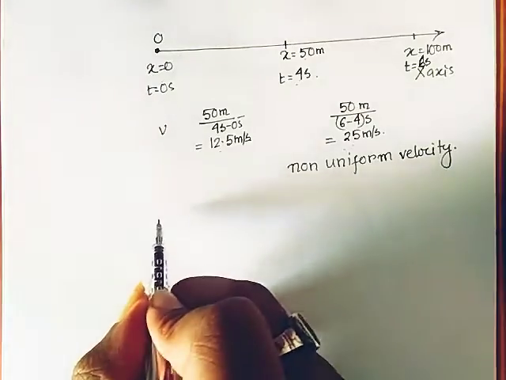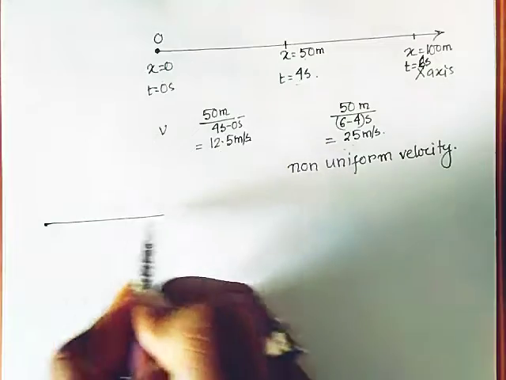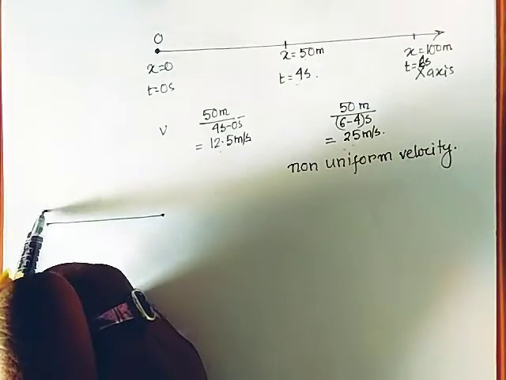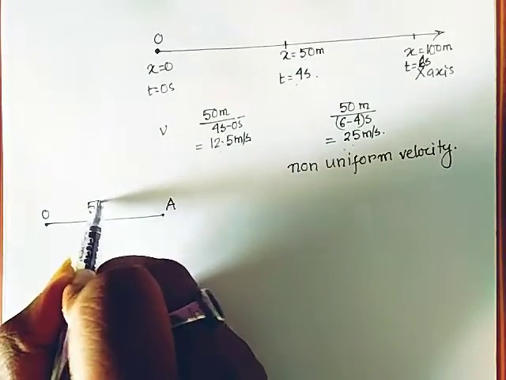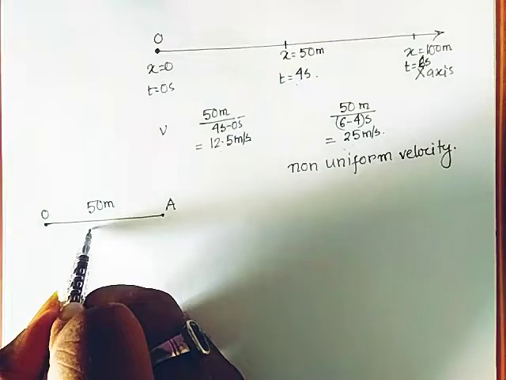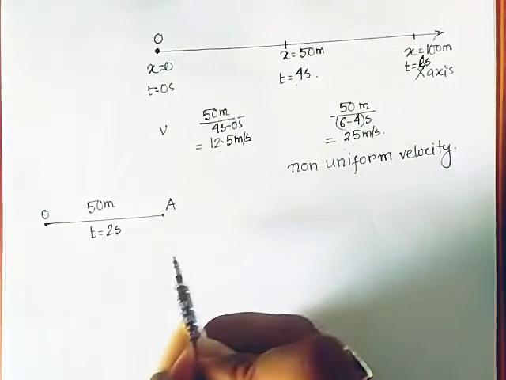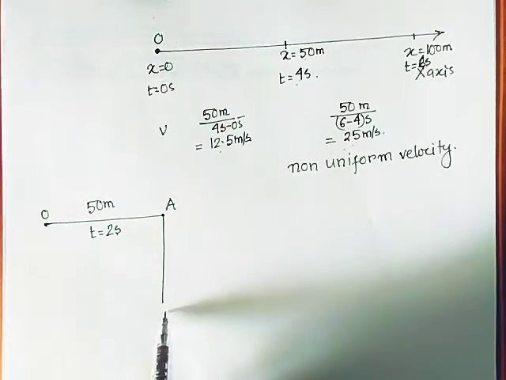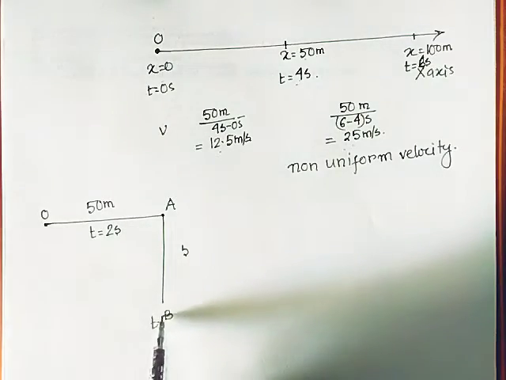Now just think, it is an example, that if a particle covers from here to here, you can consider this is the O and A is at a distance 50 meter from here. In reaching there, the time taken by the particle is 2 seconds, and then from A to B, the time is t equal to 4 seconds.